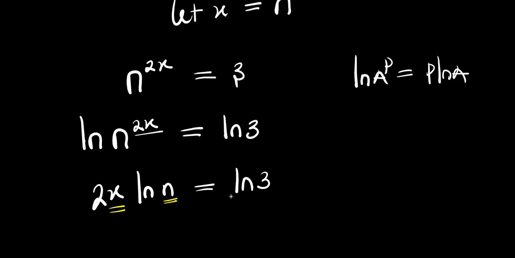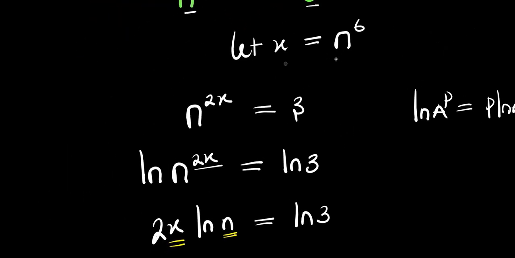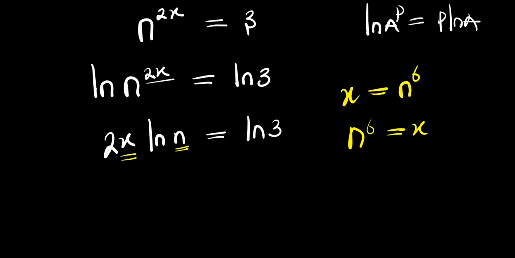So let's get back to the original equation. Have you seen this particular equation that we said x equals n power 6? I can isolate n from here. Now, if x equals n power 6, that means n power 6 equals x. Let's isolate n by multiplying this exponent by 1 over 6.